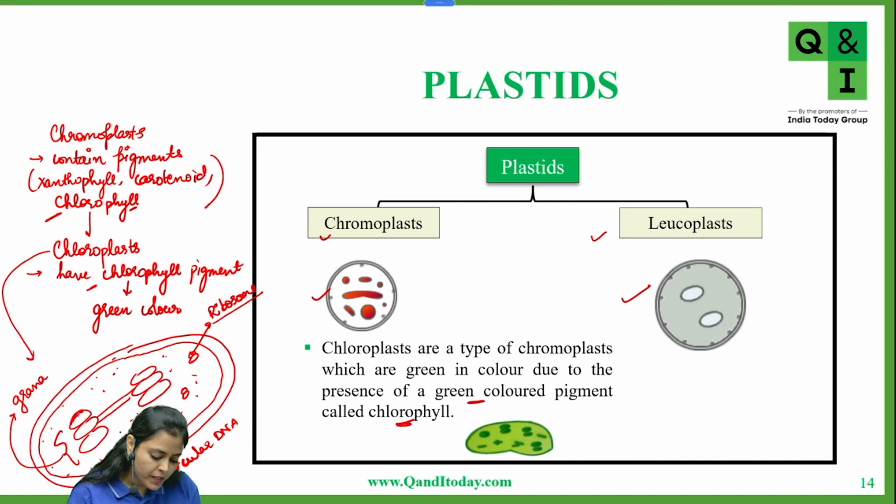So this chlorophyll pigment is present exactly where in the chloroplast? It is present in the membrane of the grana.